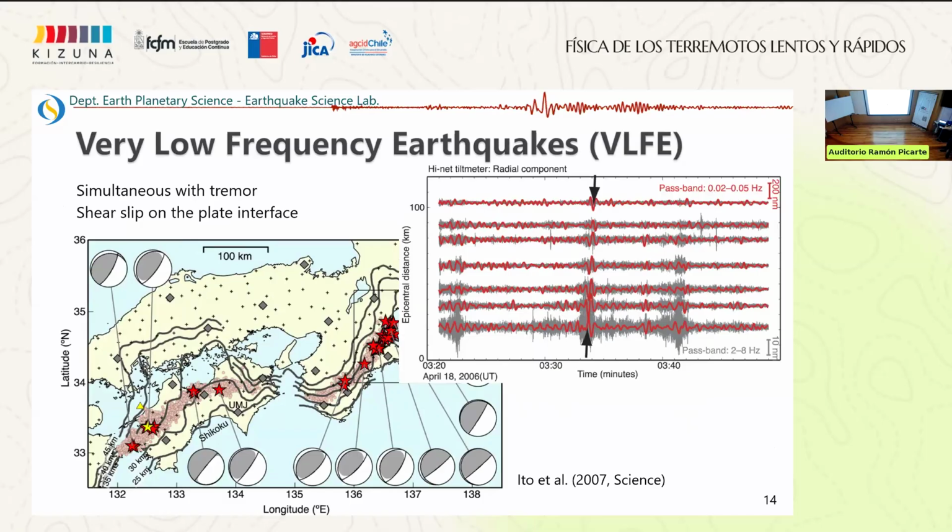We already talked about how tectonic tremor occurs around here, and these are tectonic tremor records measured at several stations. Tectonic tremor is a high frequency seismic signal. High frequency means several hertz, 2 hertz or 8 hertz.